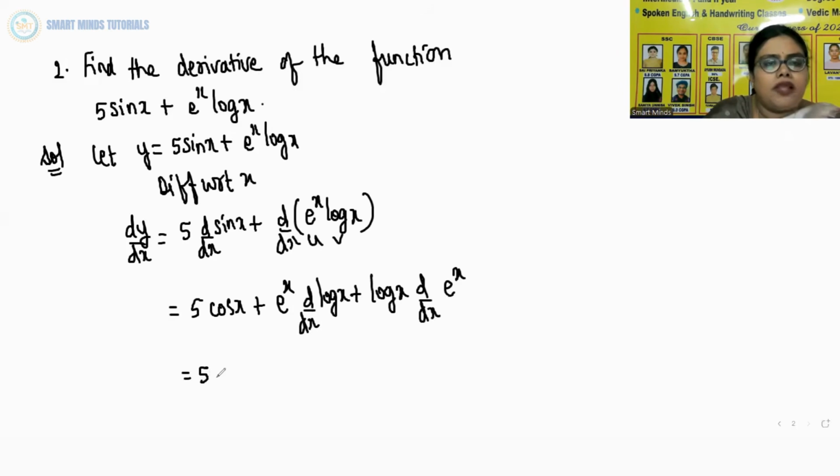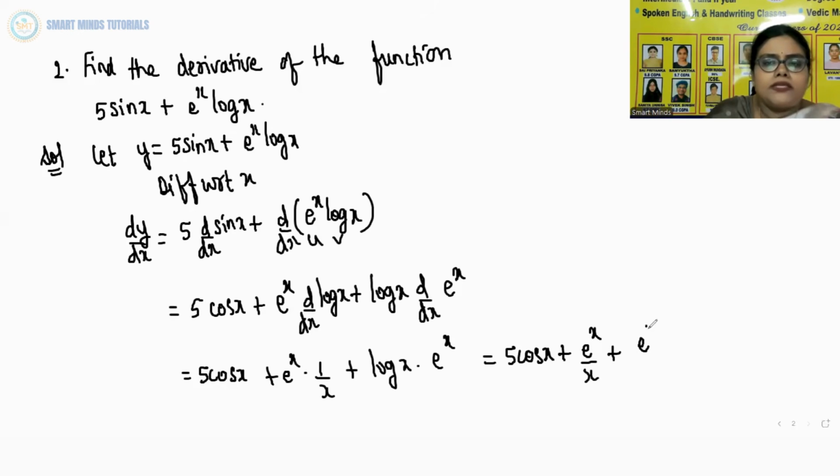So that is 5 cos x + e^x into the derivative of log x, which is 1/x, plus log x into the derivative of e^x, which is e^x. So that is 5 cos x + e^x/x + e^x log x. This is the final answer.